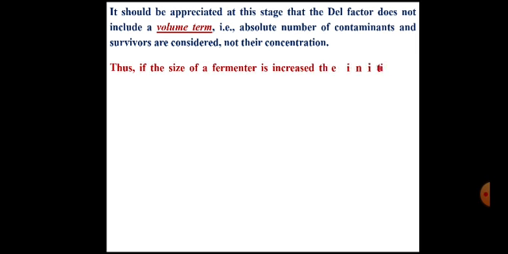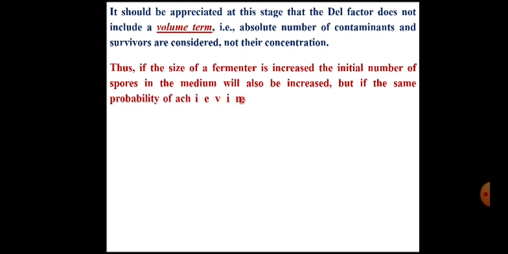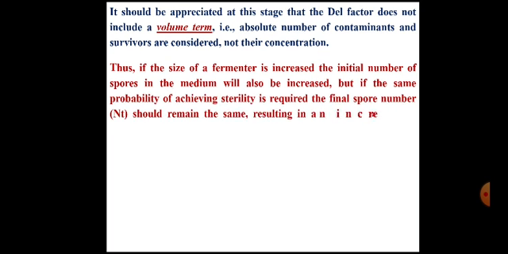Therefore, if the size of the fermenter is increased, the initial number of spores in the medium will also increase. But if the same probability of achieving sterility is required, the final spore number, that will be Nt, should remain the same, resulting in an increase in Del factor.